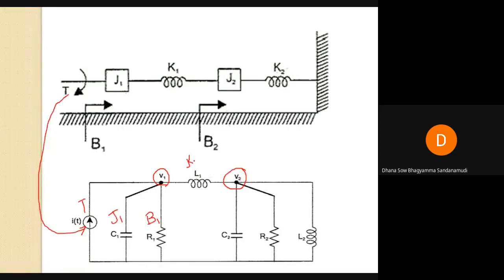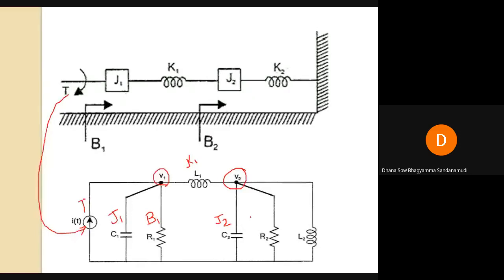Next, at this node, what are the terms that are there? J2 is there. What is J2? J2 is C2. So connect C2 in parallel. Why parallel? Because it is directly analogous to C2, not 1/C2.